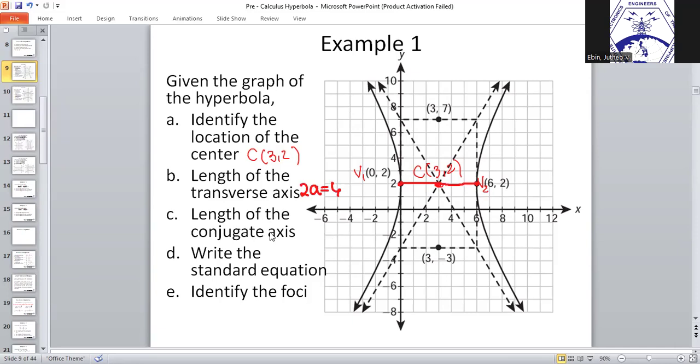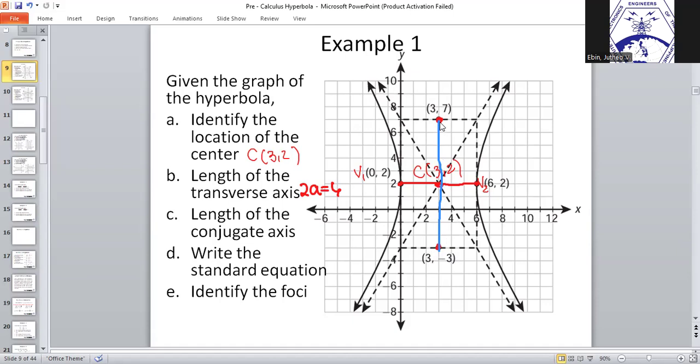The length of the conjugate axis, yung conjugate axis natin is perpendicular to our transverse axis. And that is the line joining the point (3, 7) and the point (3, negative 3). Yung nating blue. So if we connect (3, 7) and (3, negative 3), this is our conjugate axis.